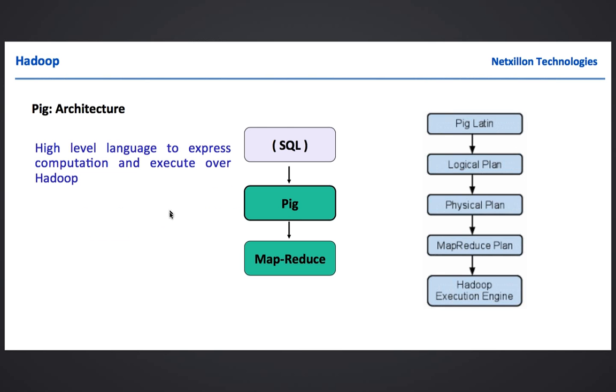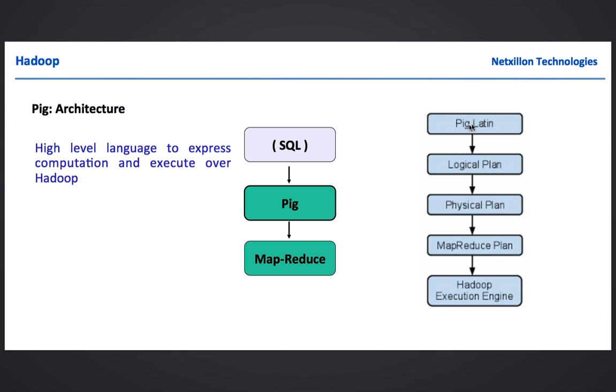So what is the Pig architecture? It is a high level language to express your computation and execution over Hadoop. You write SQL-like Pig, and it converts into MapReduce. The language which Pig uses is called Pig Latin. It is based on Erlang.